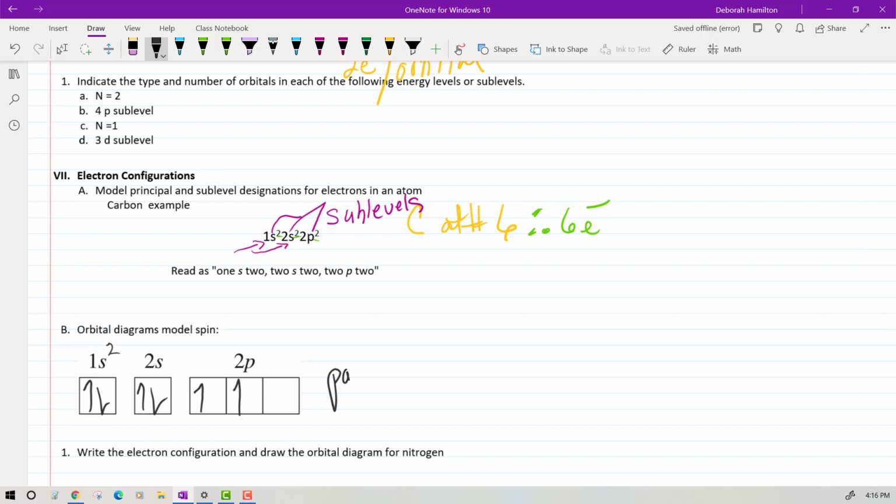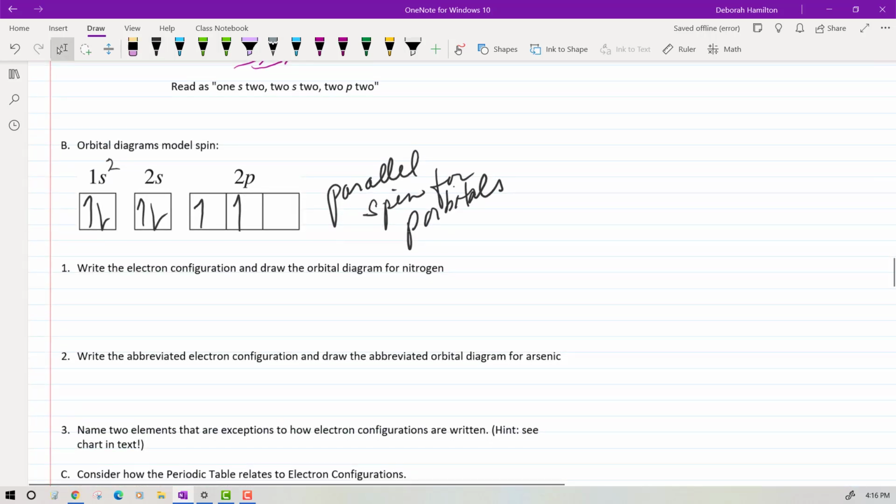That's known as parallel spin for the p orbitals because it's more stable that way than any other arrangement. So please remember to distribute the electrons one in a box if you have connecting boxes for the P, the D, or the F.